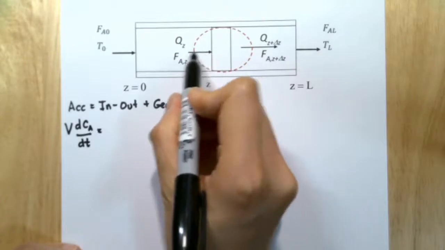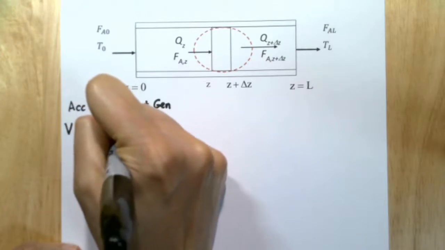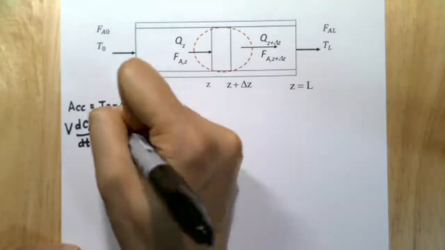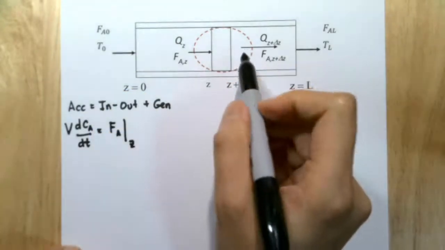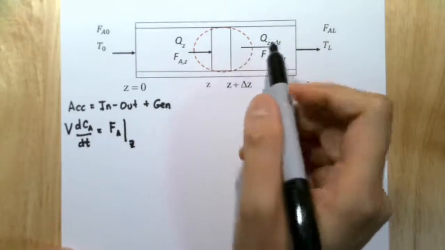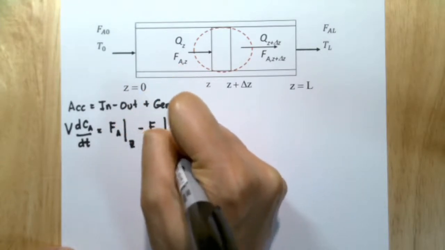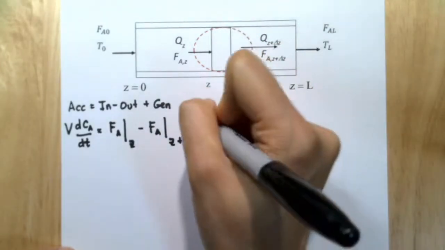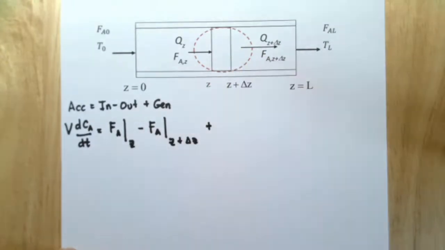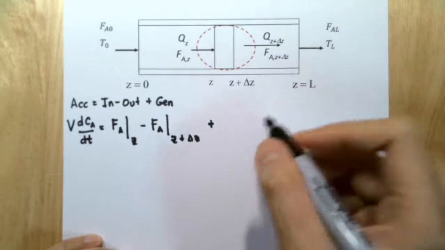The flow going into the control volume is given by FA, so I can write that down for the incoming terms, and this is evaluated at Z. The flow going out of the control volume is given by FA evaluated at Z plus delta Z. The generation term can be expressed in terms of the rate of generation of A, for which we have been given an expression.